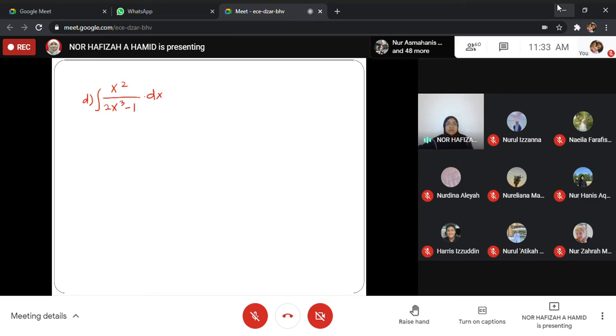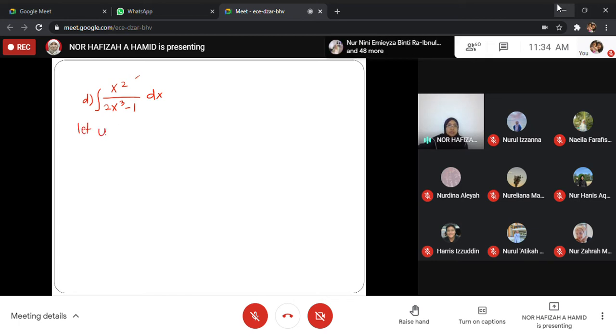So for D you cannot solve using the formula, because the numerator is quadratic and the denominator is cubic. So it does not satisfy the condition to solve using the formula. Okay, so here you have no choice. You need to solve using the substitution method.